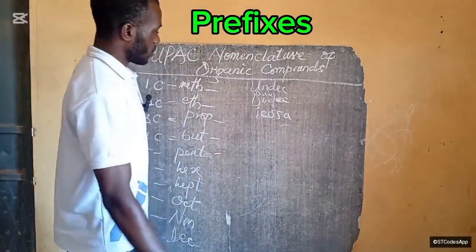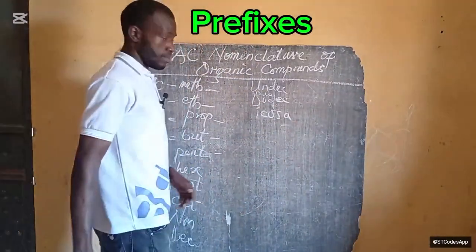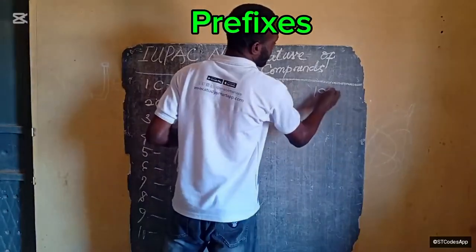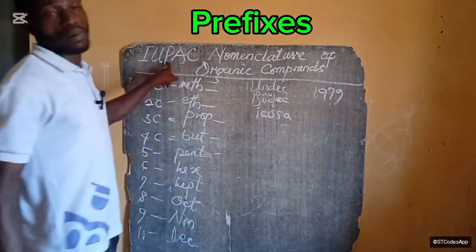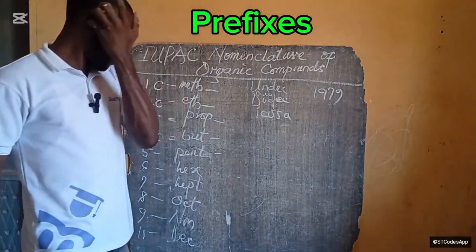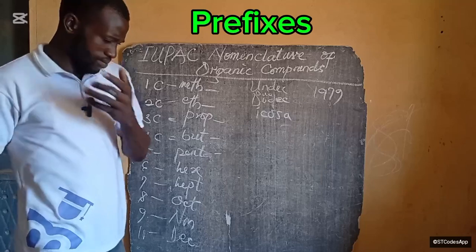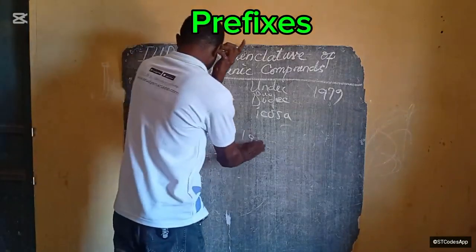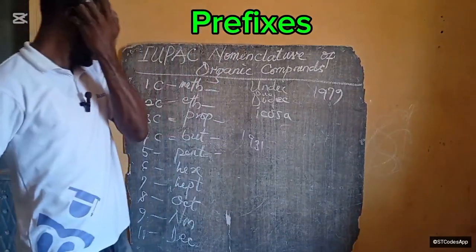Is that okay? Previously, before the 1979 revision of the IUPAC nomenclature, it was first revised. The IUPAC nomenclature was first revised in 1931. That's just a brief history.